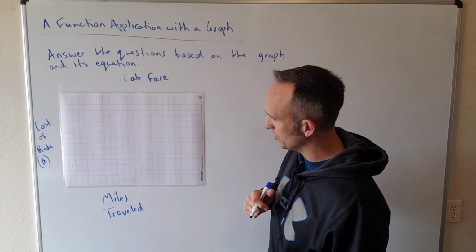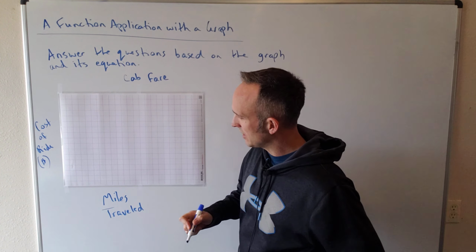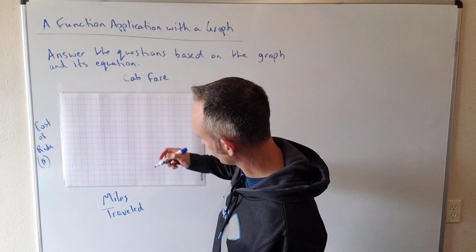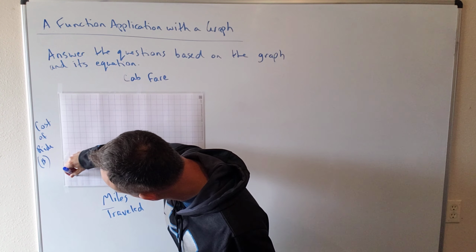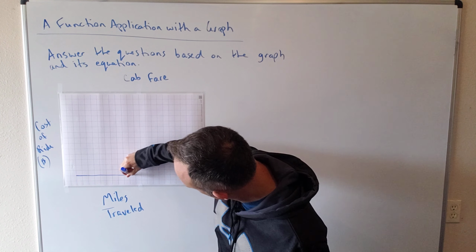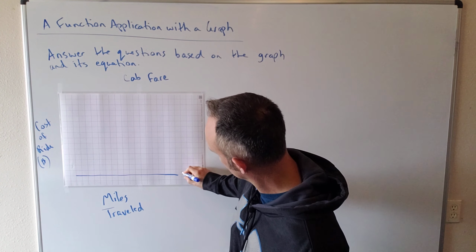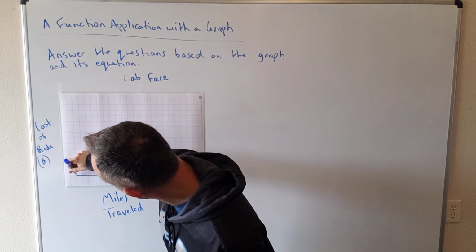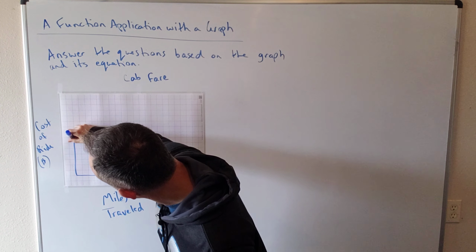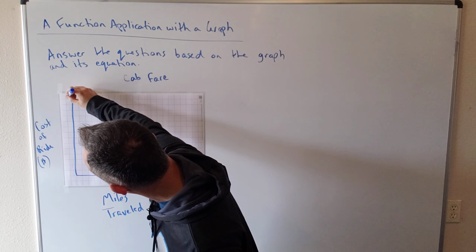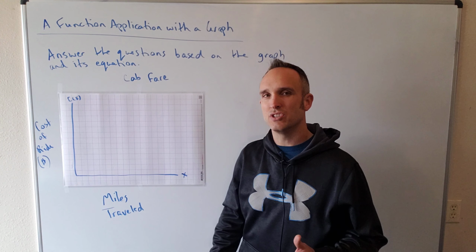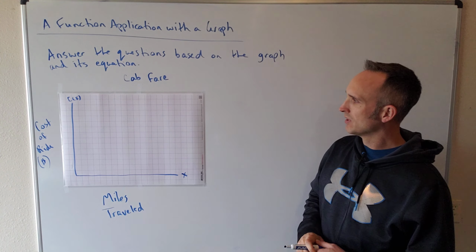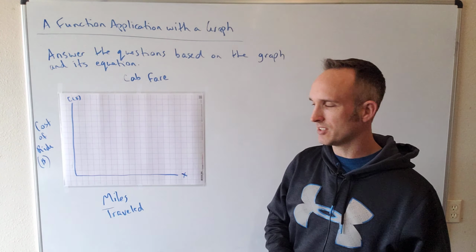And so what we need to do is set up our axes. This will be my x-axis, and then this will be my y-axis, or my c of x axis. We're going to use the function c of x for this example, c representing cost.